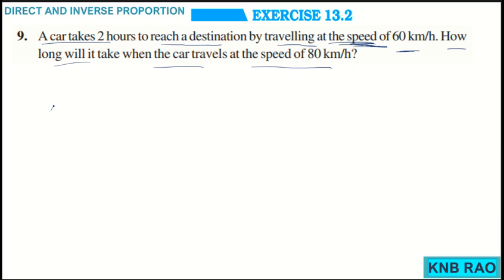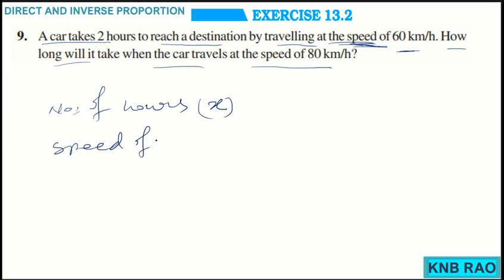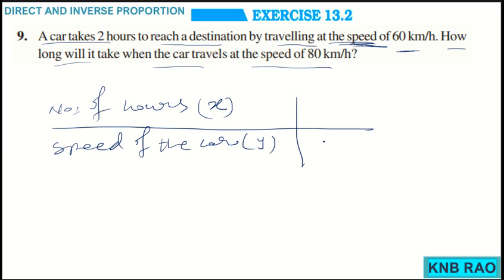See children, here number of hours or the time, I say it is variable x, and speed of the vehicle, I say car as another variable. If you go at 60 km per hour, it is kilometer per hour, and here it is in hours. It is taking 2 hours.